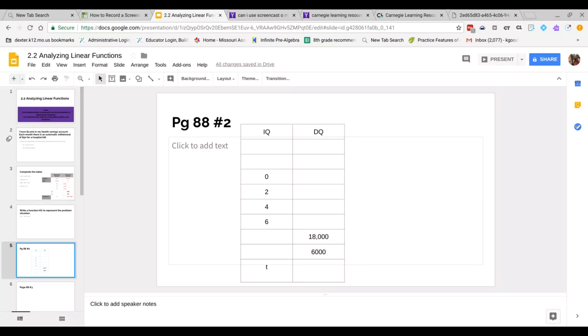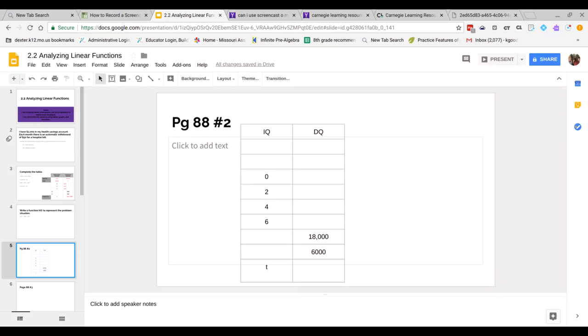All right, on page 88, problem 1. It says, at 36,000 feet, the crew aboard the 747 airplane began making preparations to land. The plane descends at a rate of 1,500 feet per minute until it lands. Number 2 says, complete the table to represent this problem situation.